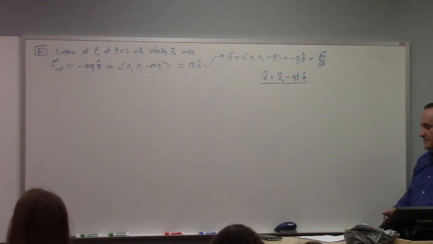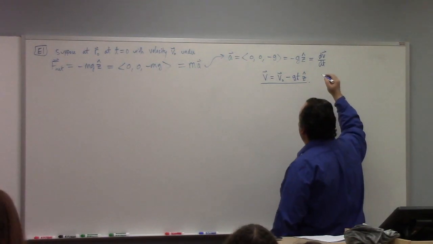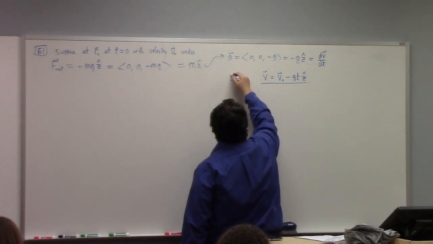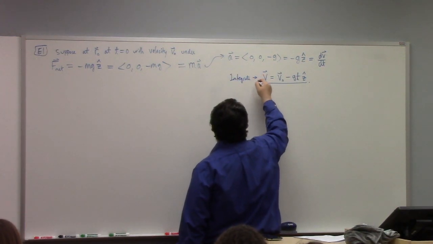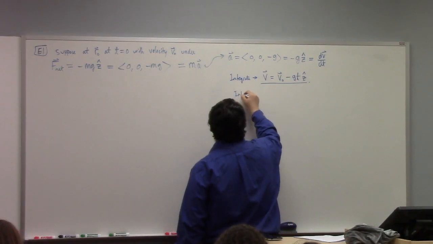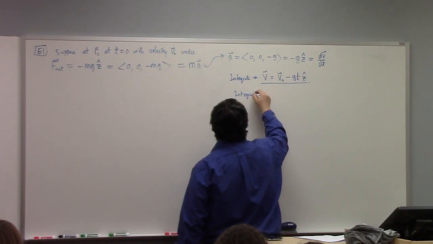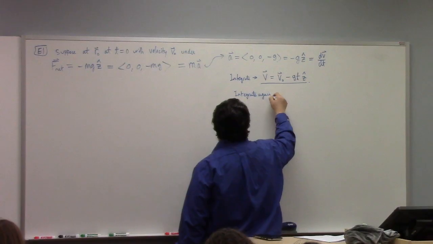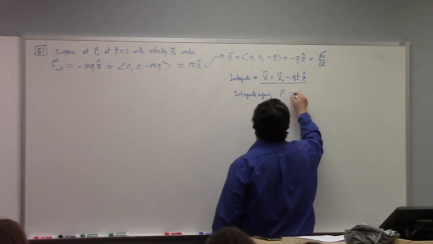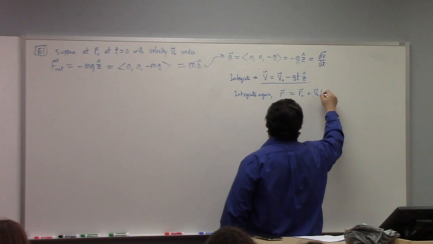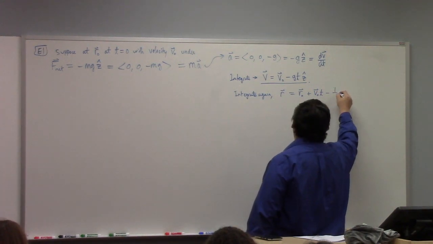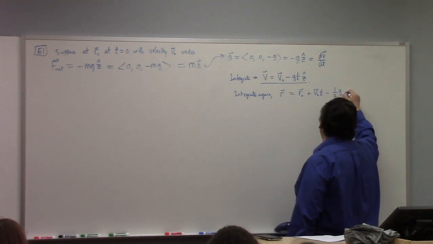Well, I integrate again. And then integrate again. And we get the position is the initial position plus the initial velocity times time minus 1/2 g t squared z hat. All right?